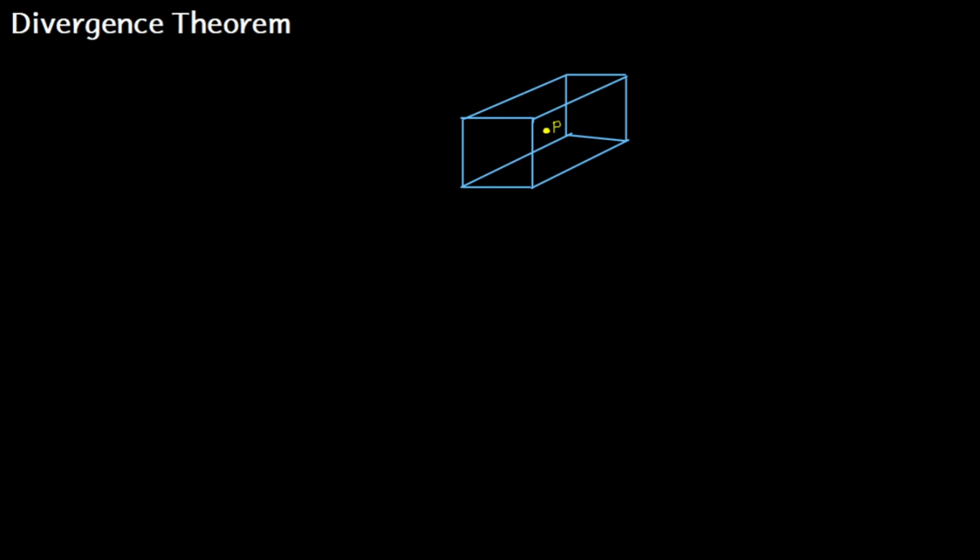So now let me consider this in an xyz coordinate system, a three-dimensional Cartesian coordinate system, and the right-hand coordinate system is what I am choosing. So I have kept this point P at the center of the box.